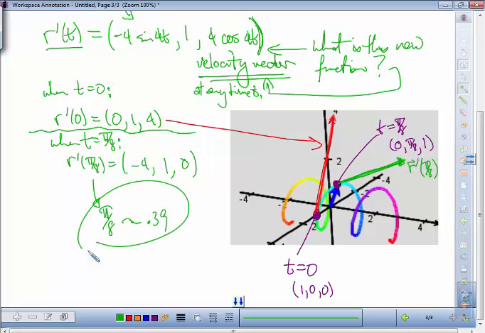So let's put this in a scenario now. Let's say we have, I'm just thinking up a word problem right now. So let's say you had a roller coaster that's going here, and then at some time that's a little bit past 0.39, your seatbelt came off, and then you flew off the roller coaster.